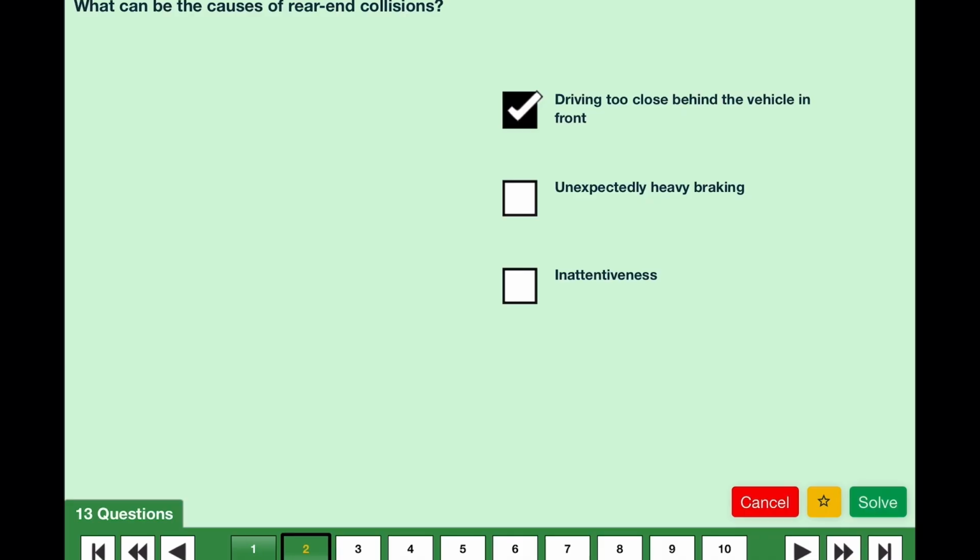The second one says unexpectedly heavy braking. It is a factor that can cause a collision. And also inattentiveness can cause an accident on the road. So 1, 2, and 3 is the answer.